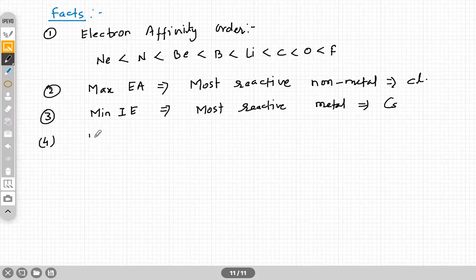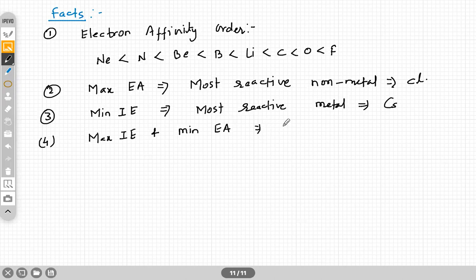If you talk about the maximum ionization energy and minimum electron affinity, this is for the most unreactive non-metal, and that is the inert gas.